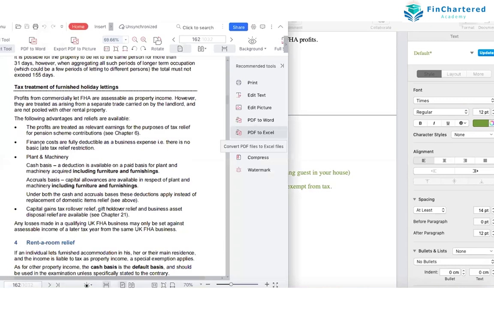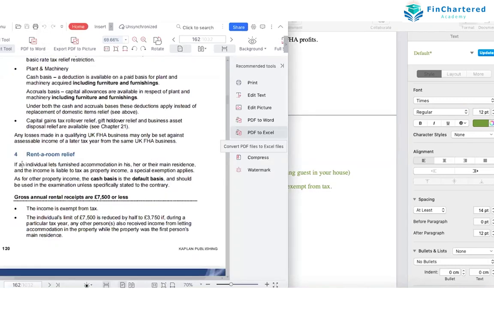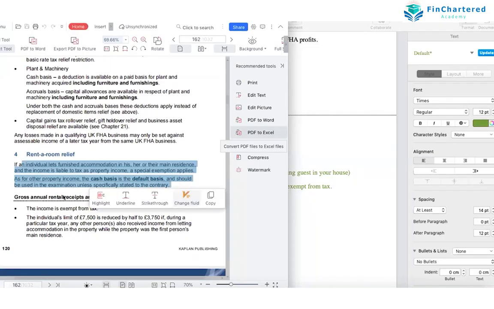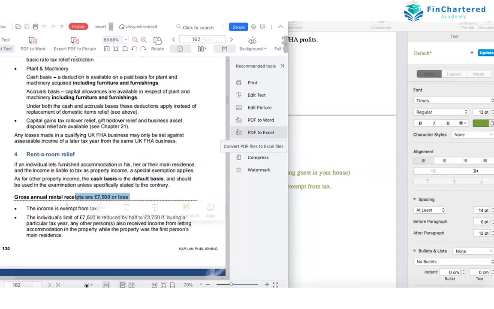It says again a relief. If an individual lets furnished accommodation in his or her main residence, we have something known as rent a room relief. And if your annual receipts are 7,500 or less, the income is exempt from tax.